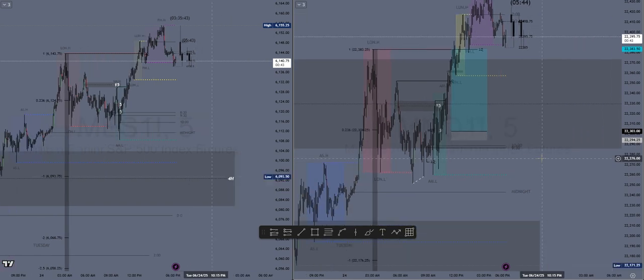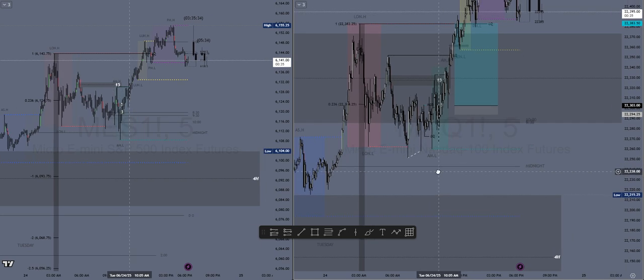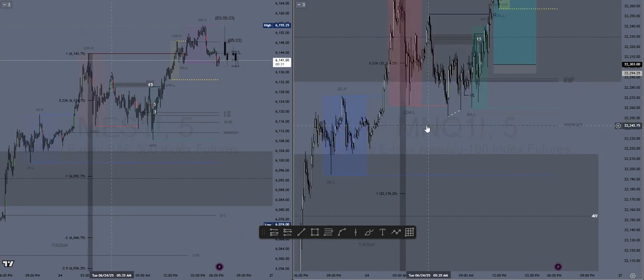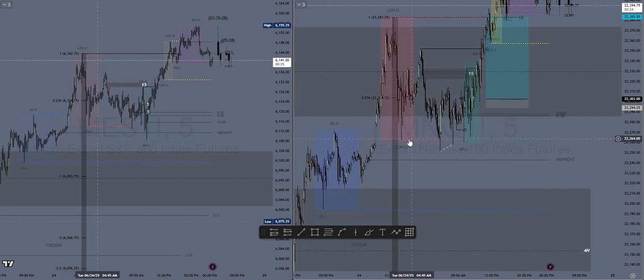Once you guys get the hang of this, you would for sure understand where the market is going overall. Like I said right here, London swept Asia's high. We left London high available, and London's low got swept from pre-market, and we created an SMT down here.